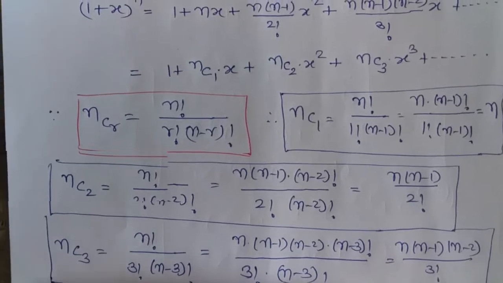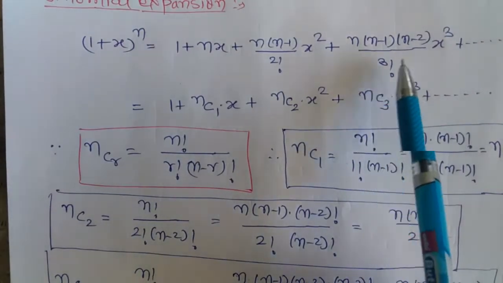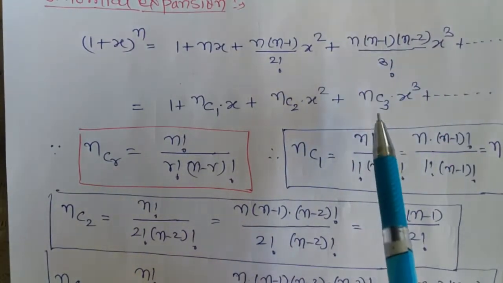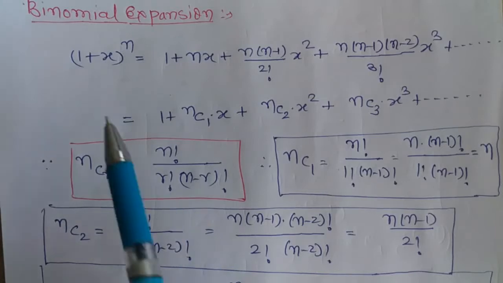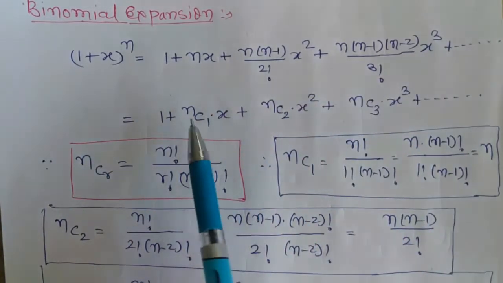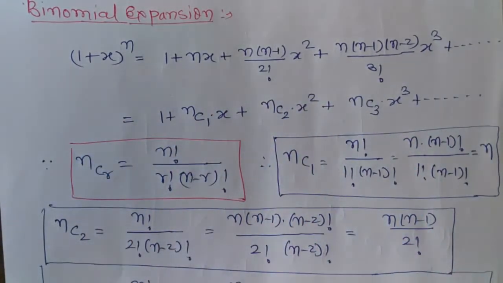So in place of n(n-1)(n-2)/3!, we can write nC3 and so on. This is how we can express the binomial expansion formula in terms of combination formula.